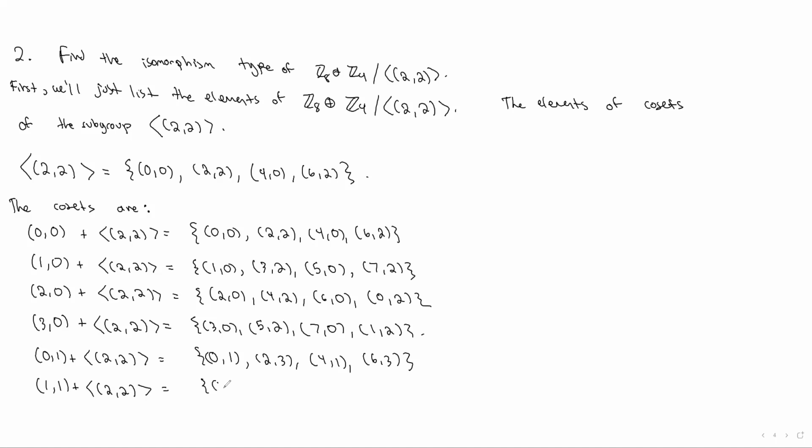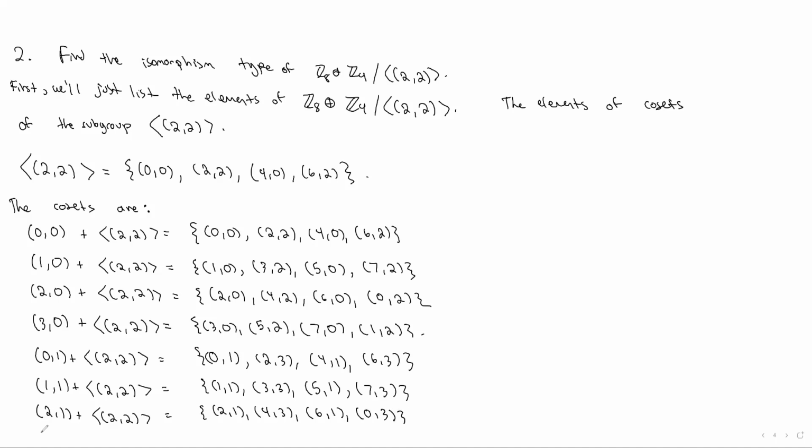So that'll be (1,1), (3,3), (5,1), (7,3). We'll do (2,1) plus (2,2). So that'll be (2,1), (4,3), (6,1), and (0,3). And then this is the last coset.